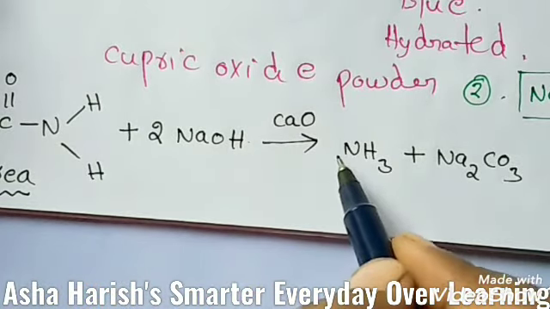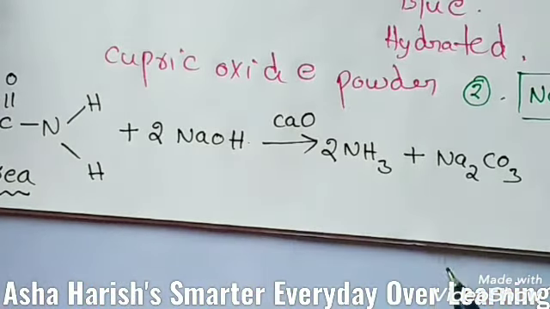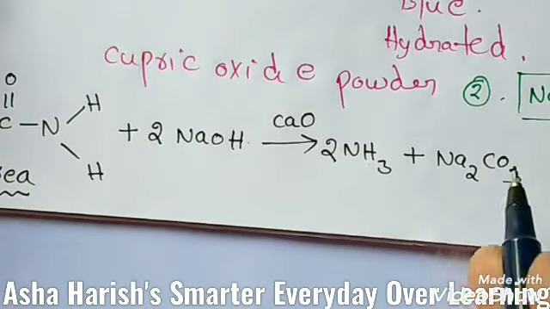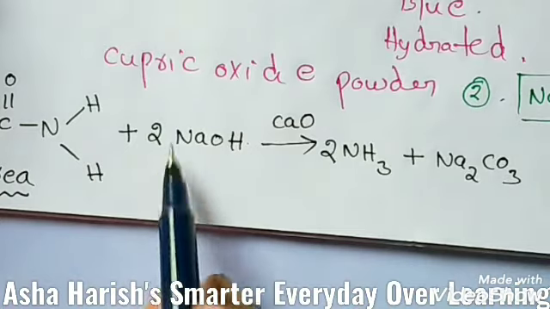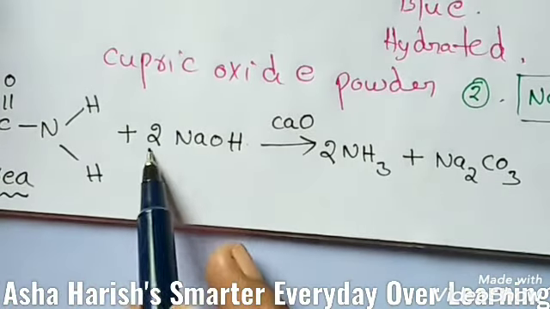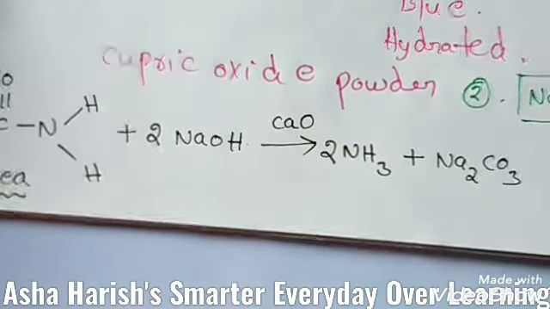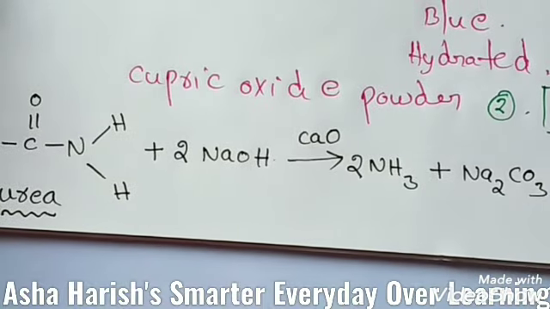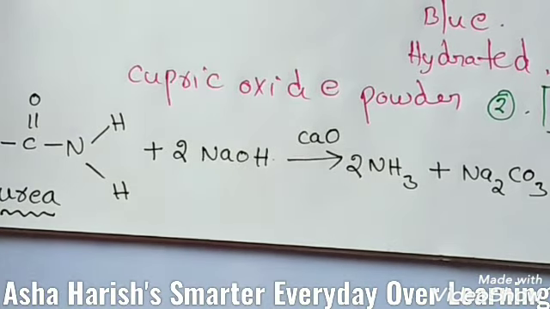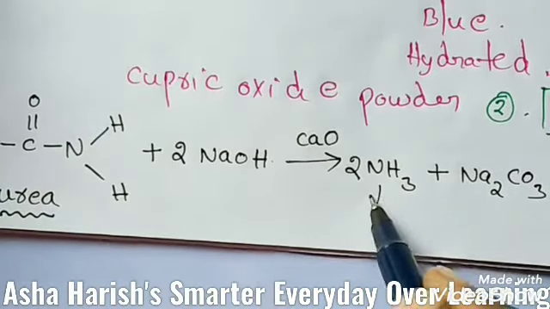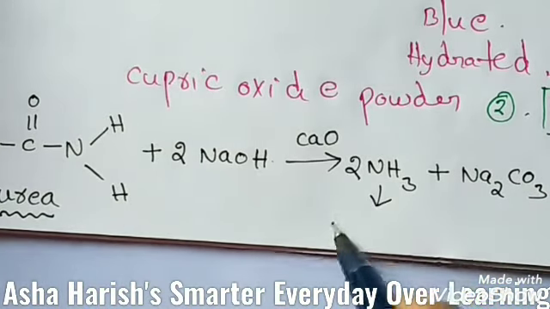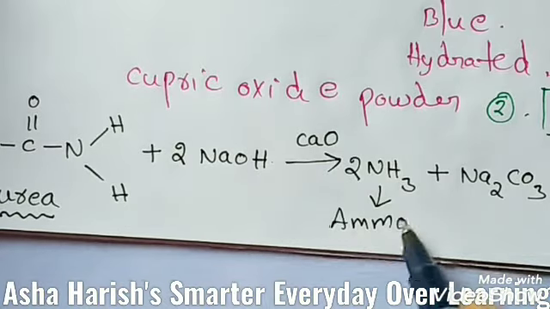Coming to hydrogens, here 2 times 3 is 6, and here 1, 2, 3, 4, 5, 6. So the equation is balanced. This is the chemical equation. To this urea, if you add NaOH, you should get the smell of ammonia, NH3.